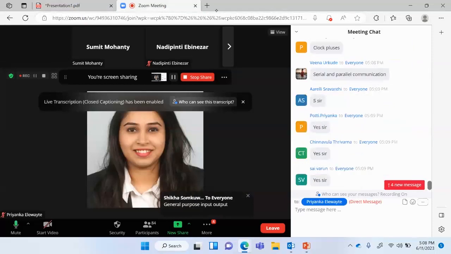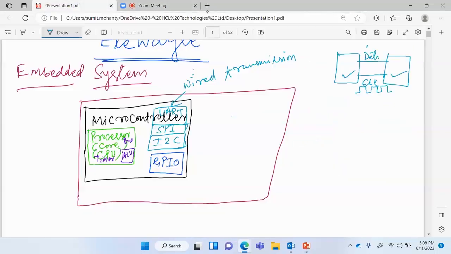So these are the wired transmissions. Now apart from that, we can have some timers and some ADCs.